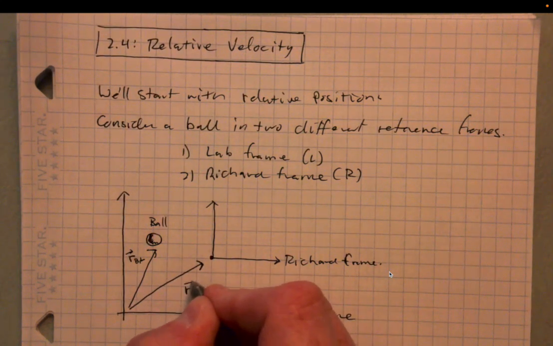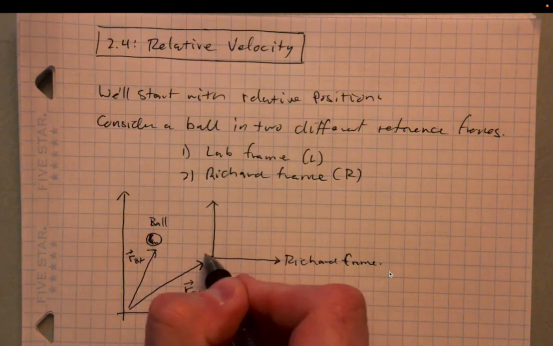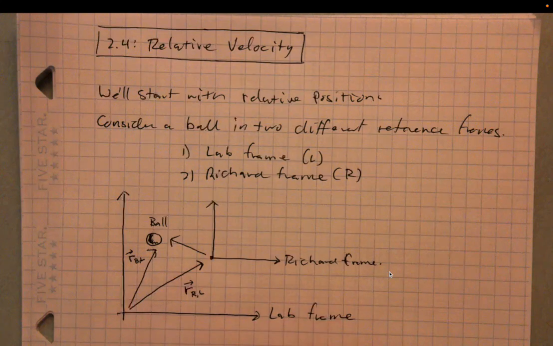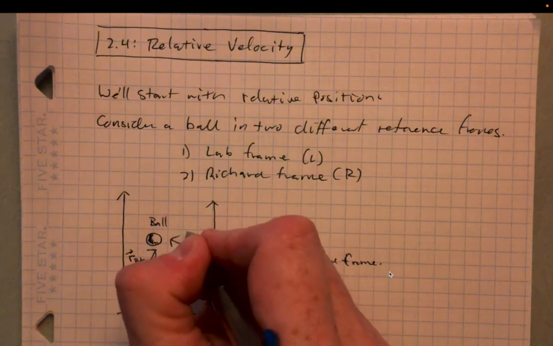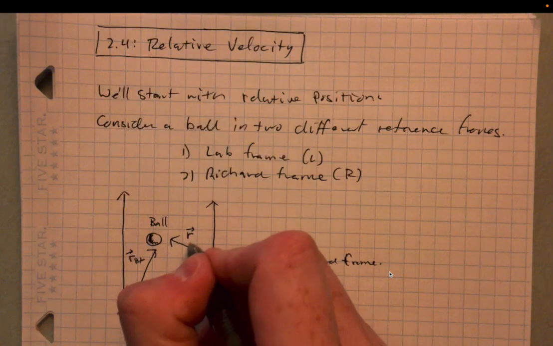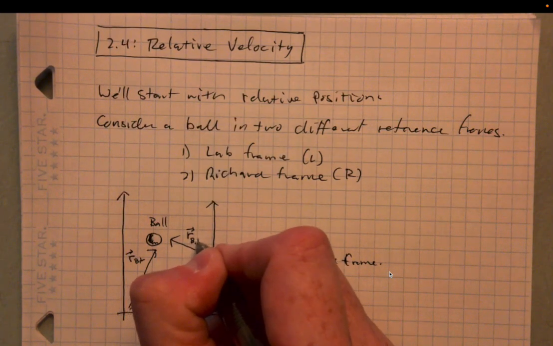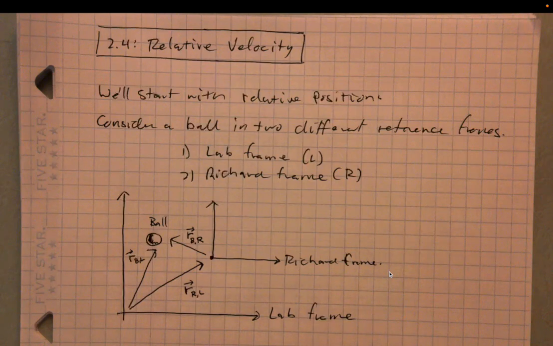And so again, this is the position, but now it's of Richard inside the lab, so R, L. Right, and then finally the ball exists inside the Richard frame as well, right? And we can draw a position vector for that. All right, so the position vector here would be denoted R for position, and then it's the ball, B, inside the Richard frame, so comma R.